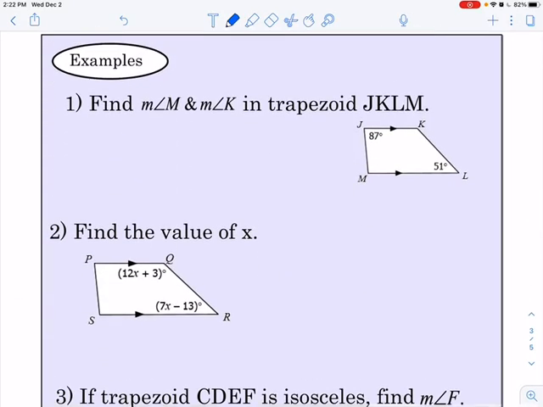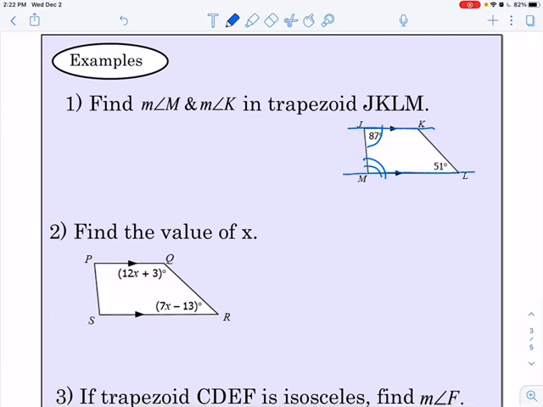So here's our examples for our regular old trapezoid. We want to find the measure of angle M and the measure of angle K in trapezoid JKLM. Okay, so what's going to happen here is that M and J, these 2 angles right here, are going to be interior angles on the same side of the transversal.